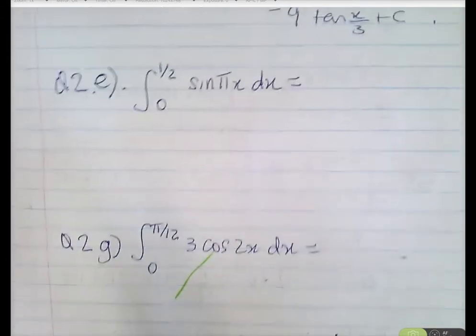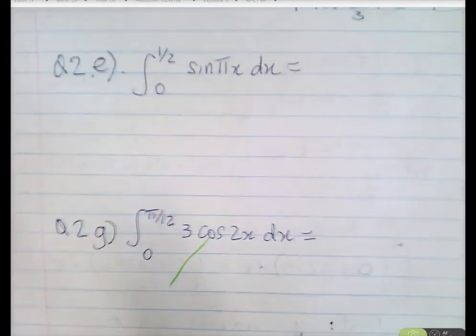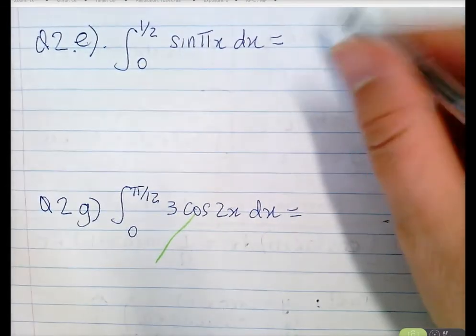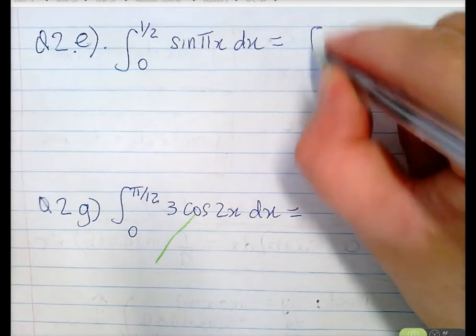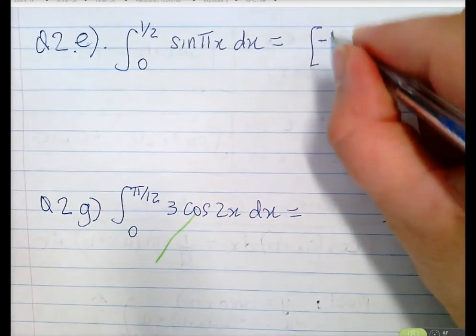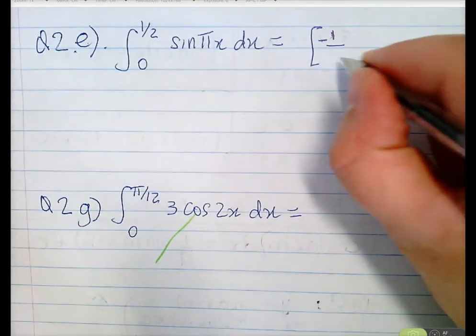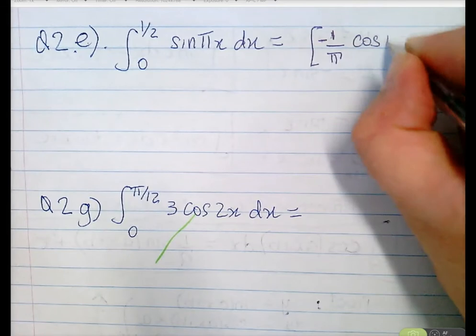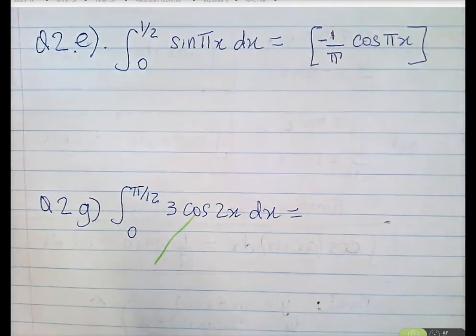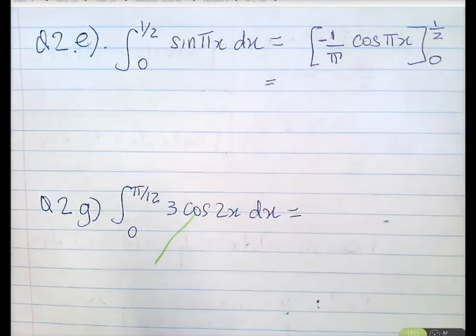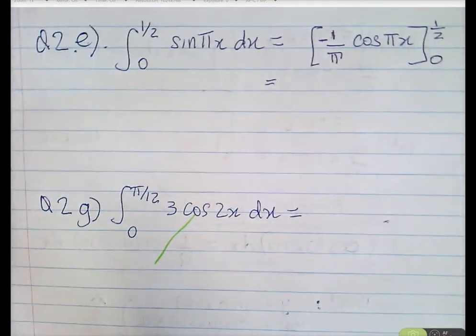Are we ready? So, this is a definite integral, so substitution and no plus c's. What do you get if you integrate sine? It's negative 1 on the coefficient of the x, which is pi, cos pi x. Substituting in the values half and 0. You can pull out the half to the front.